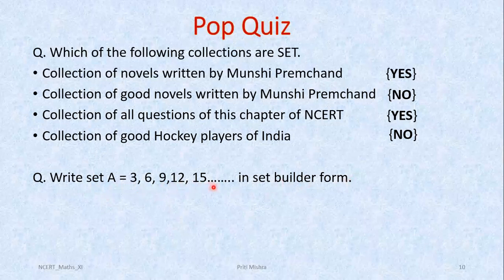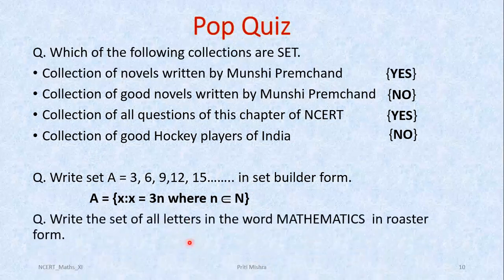It is given in roster form, and you have to write it in set builder form. So you have to identify the common property, and on the basis of that, you can write it. So how will you write? It is x such that x is equals to 3n, where n belongs to natural numbers. Right? This is the set builder form.